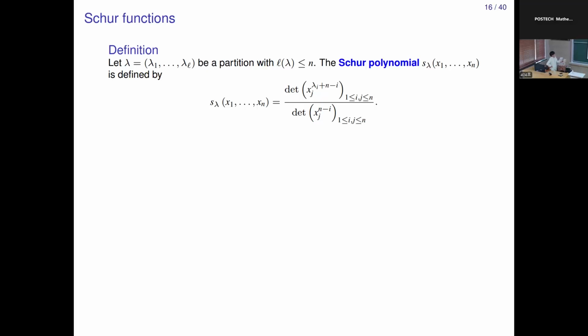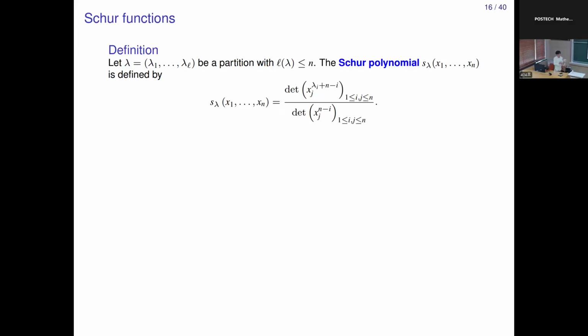So the Schur polynomial in n variables is defined to be the ratio of these 2 determinants. This is the Vandermonde determinant, the denominator. The numerator is a bit different. But if you look at the determinants carefully, you will see that it is a symmetric polynomial.